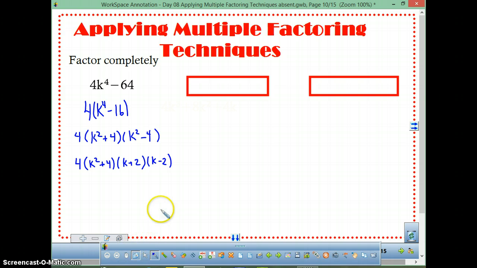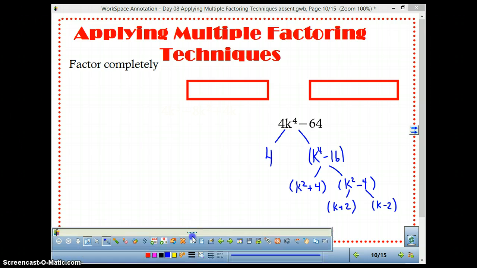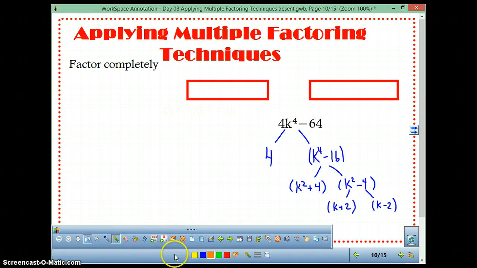I just want you to take a look at something. I'm going to turn this into a factor tree. All I've done here is I took our polynomial and I rewrote each step of our factoring. First, we took the GCF out. Then we factored this part into 2 smaller factors. Then we took this factor and factored it into 2 smaller factors.